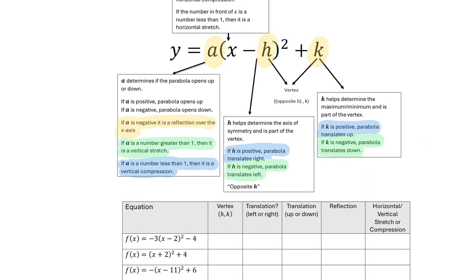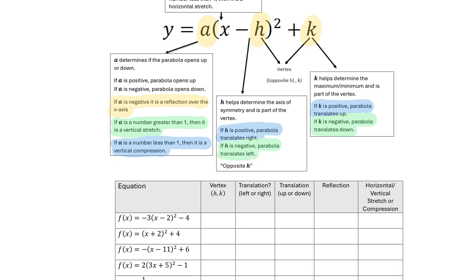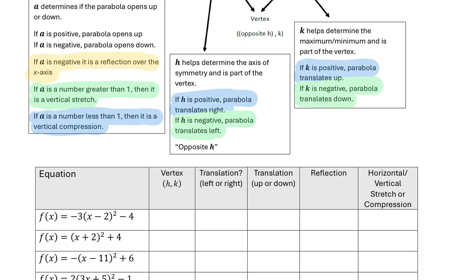All right, so now we're going to fill in this table by naming the vertex, naming the horizontal transformation, naming the vertical shift, and then if there's a reflection or not, and then if it's a vertical stretch or compression. Okay. So just to make some things a little easier for us here, this is a horizontal transformation.